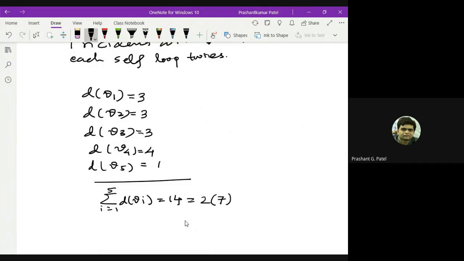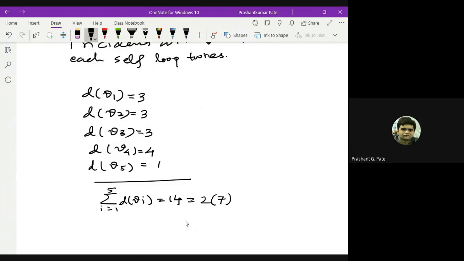Will it be true in general for any graph? That means if I have the sum of all the degrees, then that will be 2 times the number of edges, and it is always true.